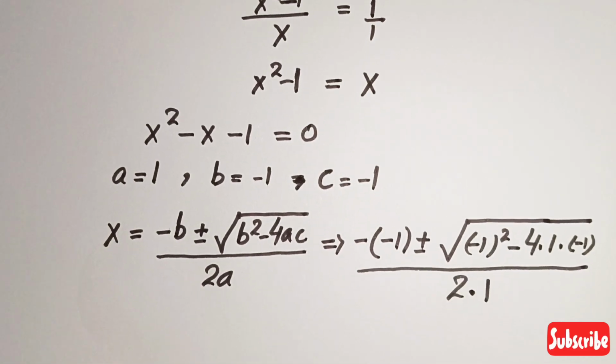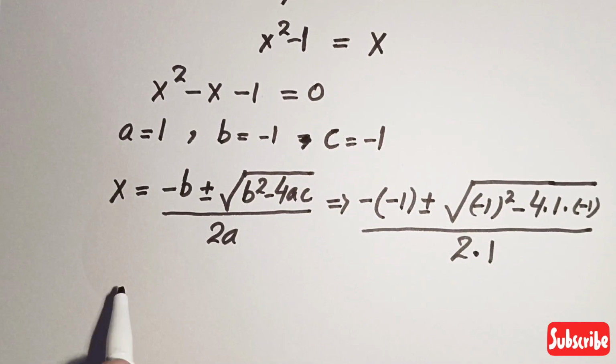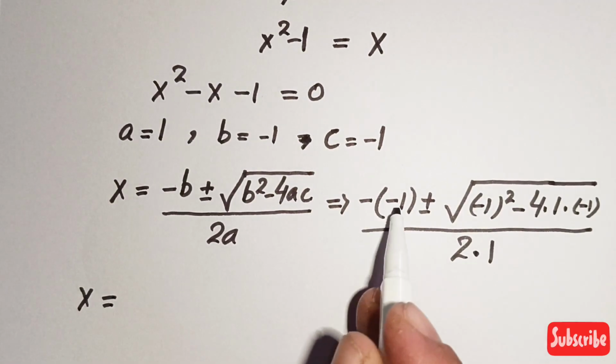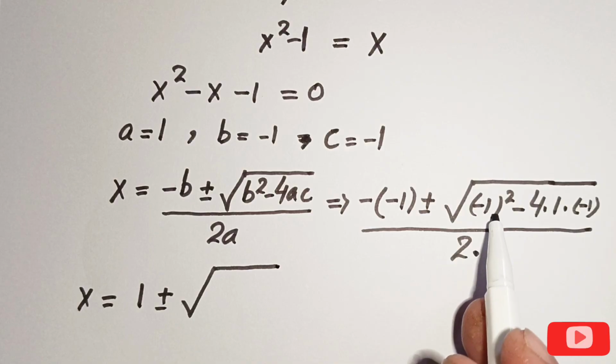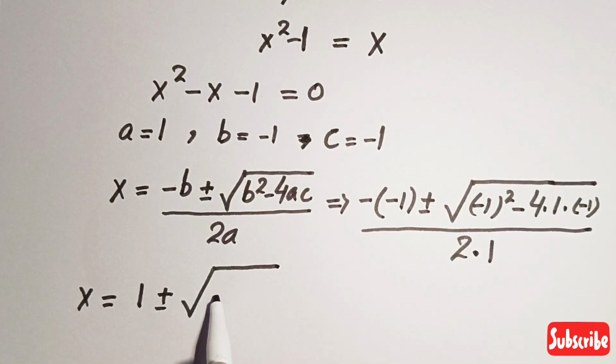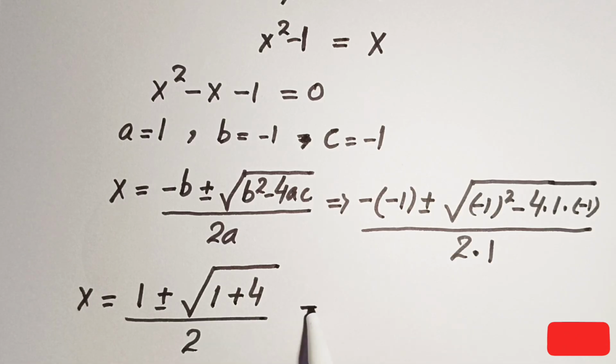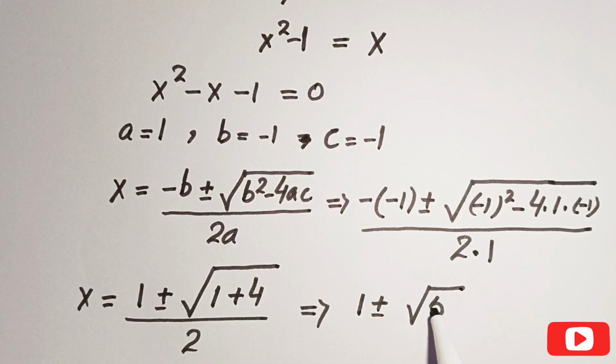Now x is equal to, minus times minus is plus, so plus 1 plus minus square root of 1 squared, minus times minus is plus, so 1 plus 4, all over 2. Here we have 1 plus minus square root of 5 all over 2.